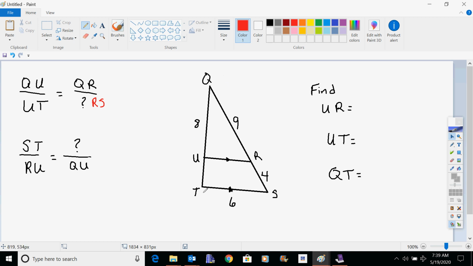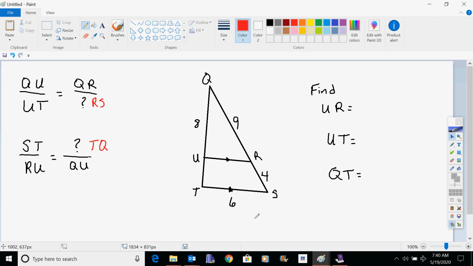ST goes with RU, like, and our bottom part is QU, so you want to find the side that's like QU in the big triangle, so that would be TQ or QT. Okay, so like that. So don't forget about the similar triangles.